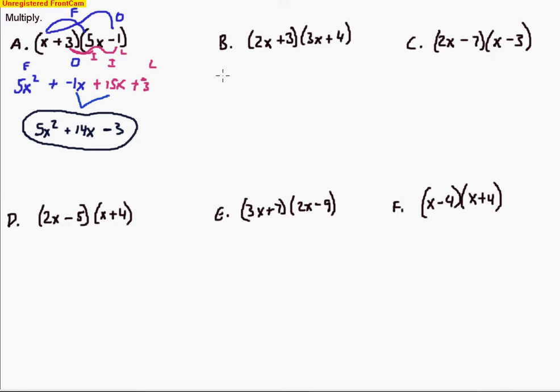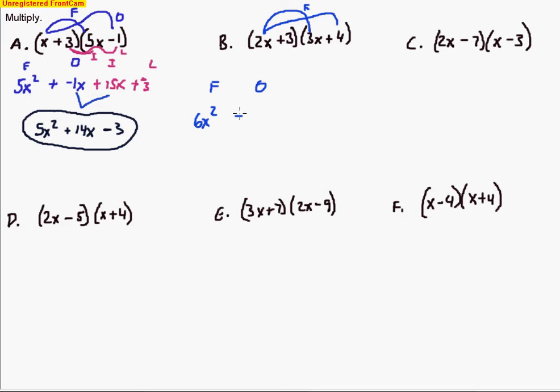Well, let's take a look at the next one. So we're going to do our first, outer, inner, and last terms again. So the first terms are 2x and the 3x. Those we call our first terms, and that makes 6x squared. A common mistake is people will forget to put the squared symbol. X times x makes x squared. Outside terms, the 2x and the 4.